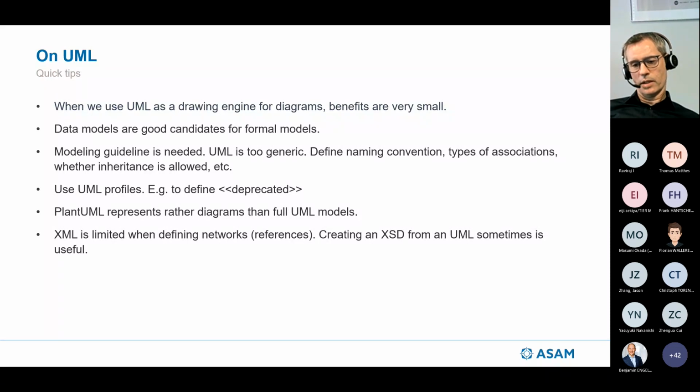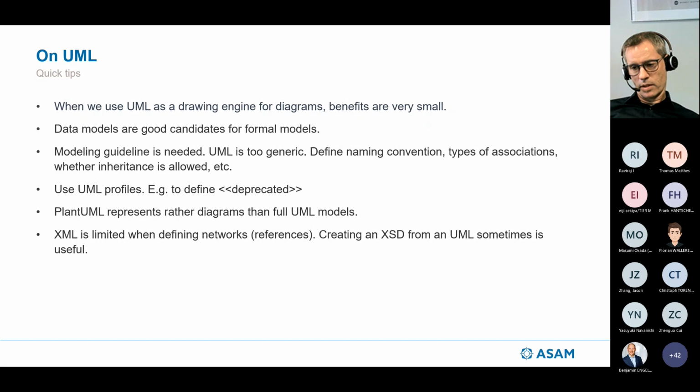XML is limited when defining networks, for example, references. So sometimes it's a good idea to create an XSD from a UML model, and in UML you define all the references that make up the network.